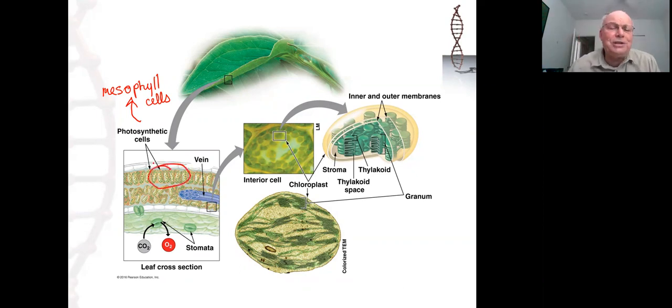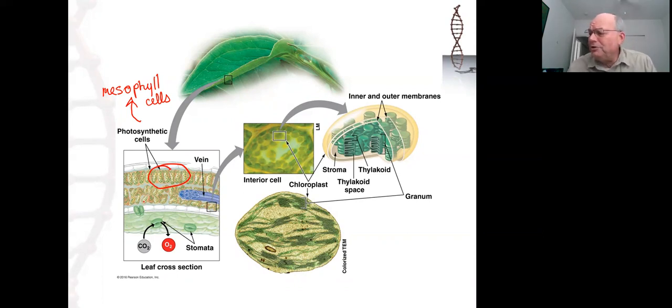These are called palisade mesophyll because they look like an old log fort wall. So if you look at one of the old forts that were made out of logs, the logs were stuck in the ground, the top was sharpened to keep people from climbing over the top. That's called a palisade. So apparently when these were first identified, someone said, oh, that's what it looks like, so let's call these palisade mesophyll.